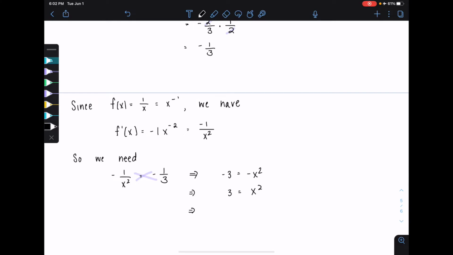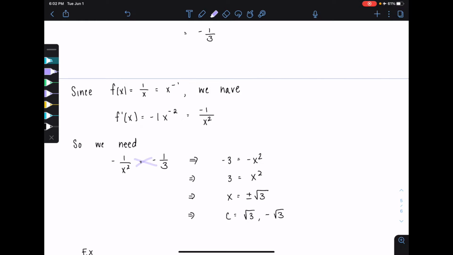And then taking a square root, you get 2 answers, plus or minus root 3. So the values of C that satisfy the hypotheses would be square root of 3 and negative square root of 3. So these are the two values where my derivative is equal to negative 1/3. But this one we don't care about because this is not in the interval from 1 to 3.